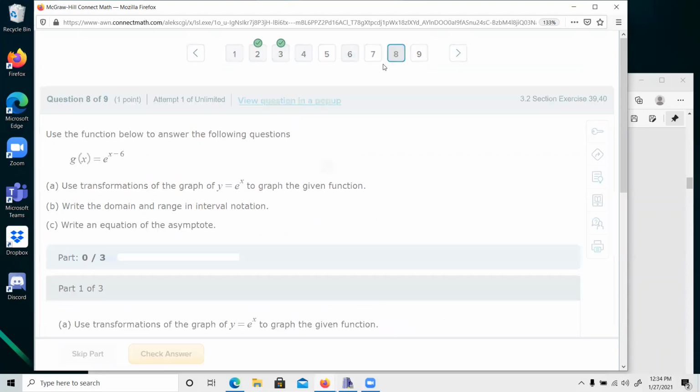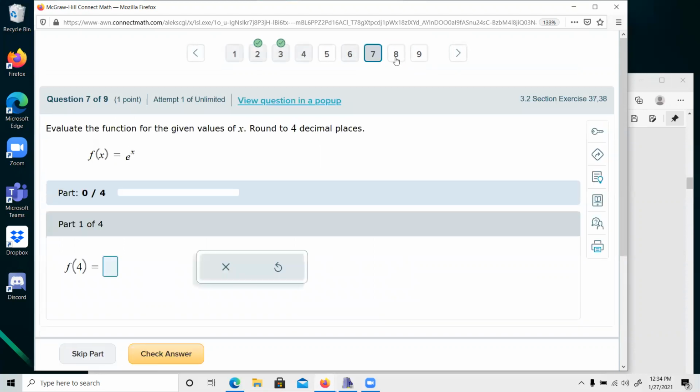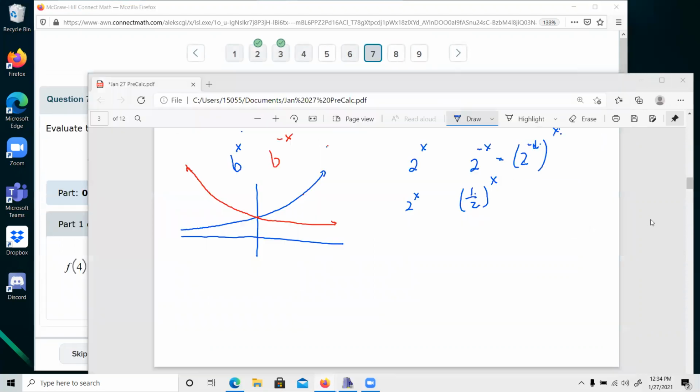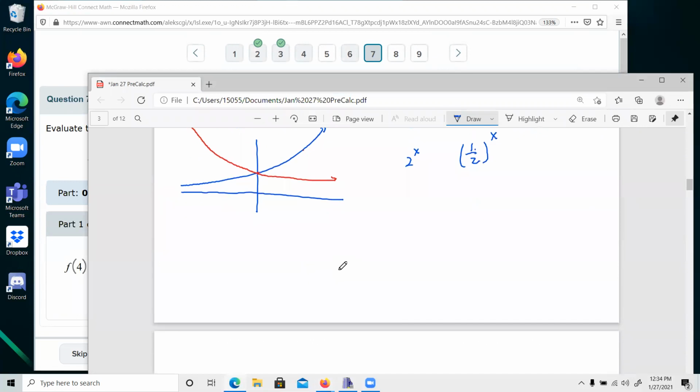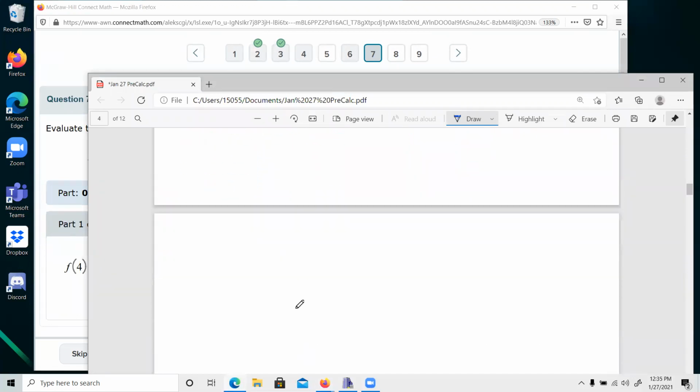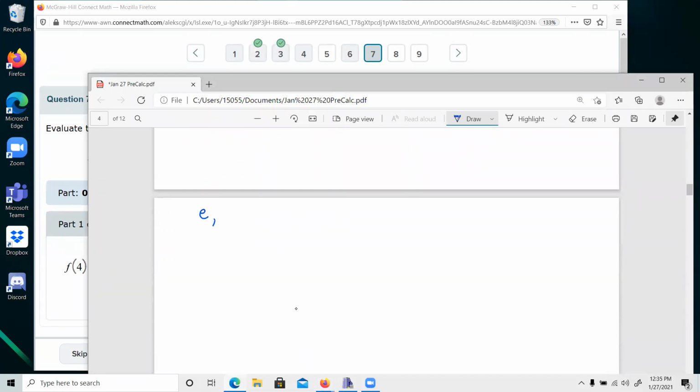Okay, let's go talk about e for just a moment. e is a very important number for calculus. It's a very important number for physics. Mostly because when you want to do calculus on e to the x, you don't have a scaling factor that comes along for the ride.